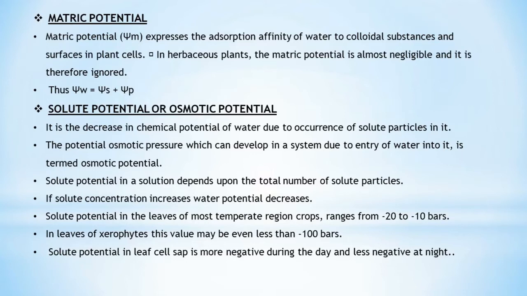Solute potential in leaf cell sap is more negative during the day and less negative during the night. Why is that? Because during the daytime photosynthesis takes place, due to which movement of organic and inorganic ions takes place, and during the night time when there is no photosynthetic process, there is less amount of organic solutes mixed with the pure water.